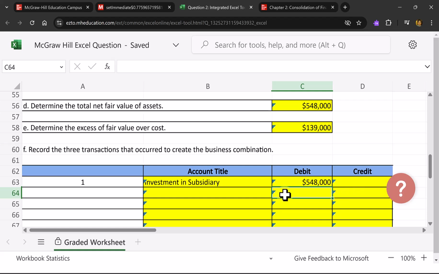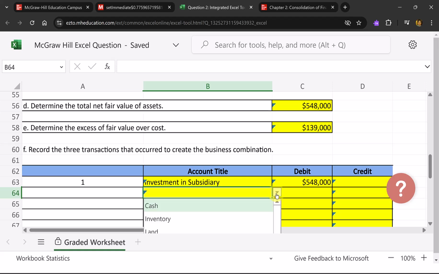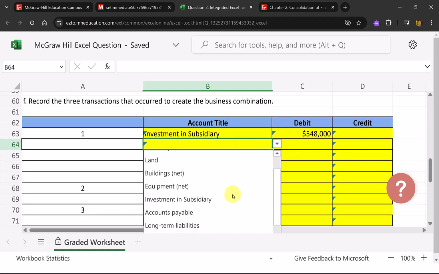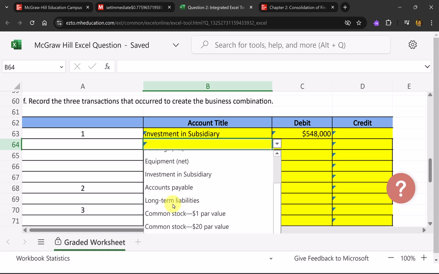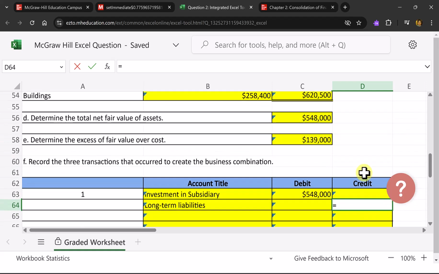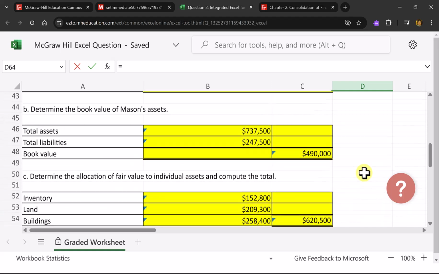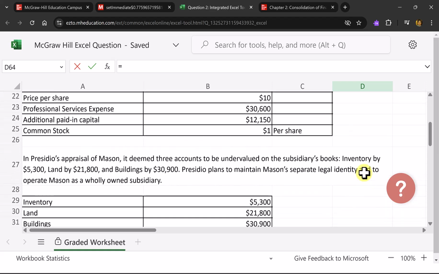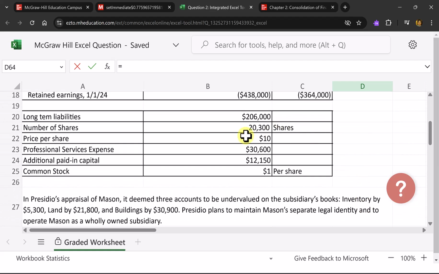So let's do the first credit, and that's issuing out the bonds or the liability. So what is it called here? Long-term liability. Liabilities increase with credits. So let's see if we can grab it in one of the cells up here. Let's go way to the top here. Is this it here?